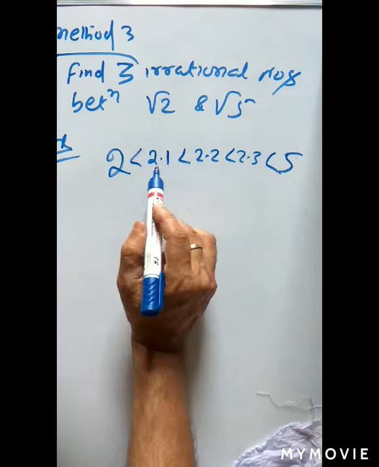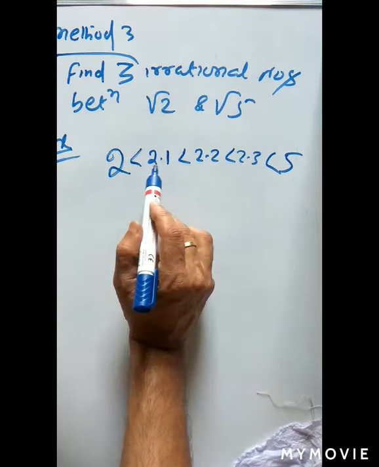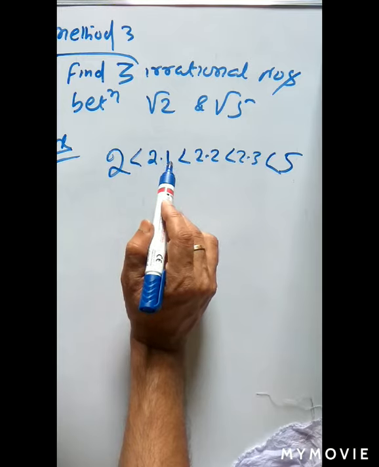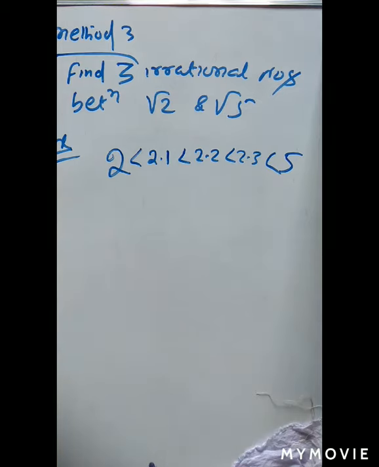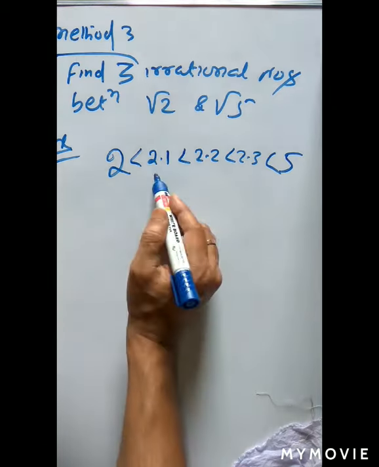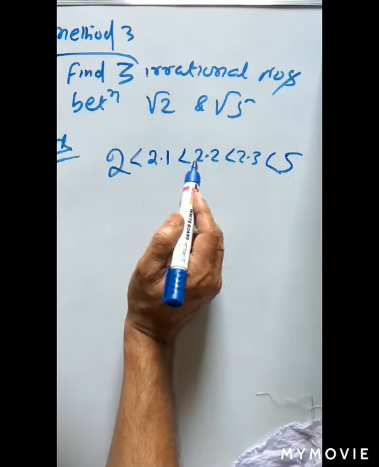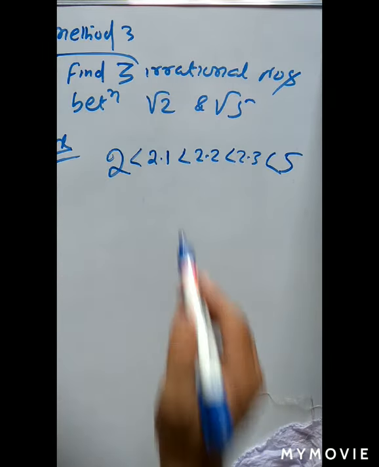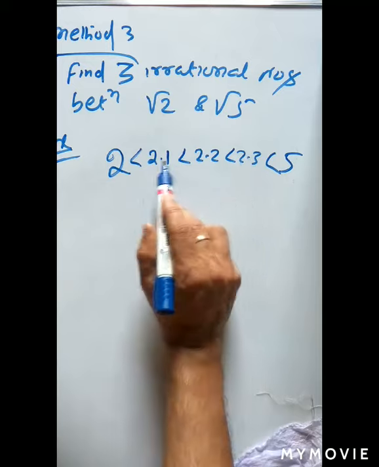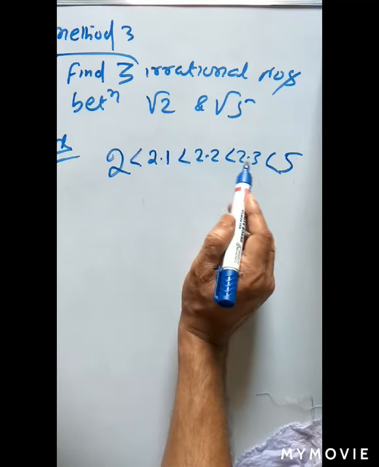So I am taking 3 decimal numbers which are not the perfect square of any number. You see, 2.1 is not a perfect square of any number. So you choose 3 numbers which must not be a perfect square of any number, but those are which numbers? Real numbers. 2.1 is a real number, 2.2 is a real number, 2.3 is also a real number.